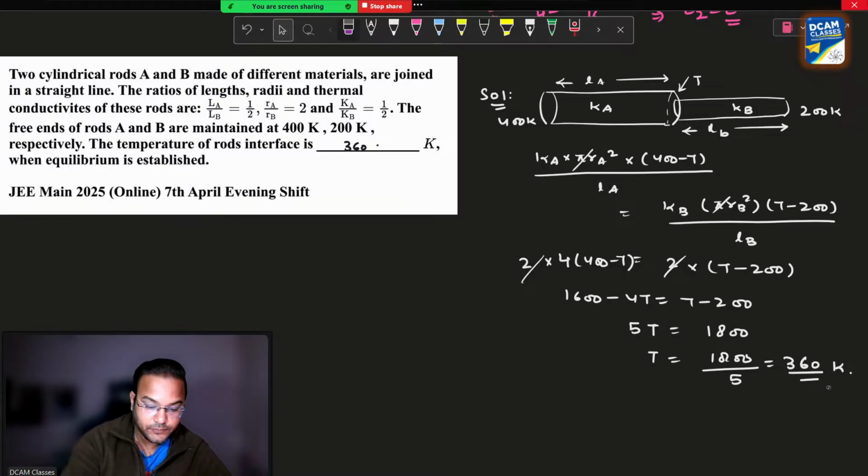Acha, this is a different one. Try solving this one. Then from next class, we'll start waves, sound waves.